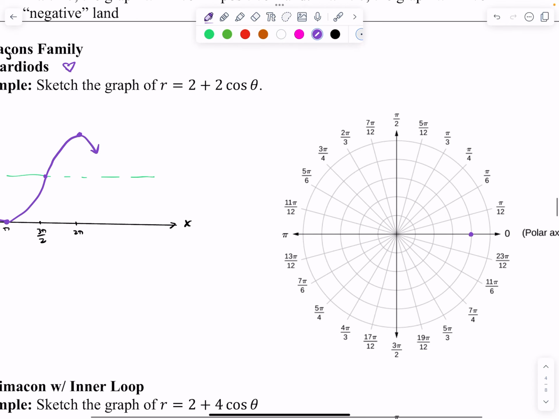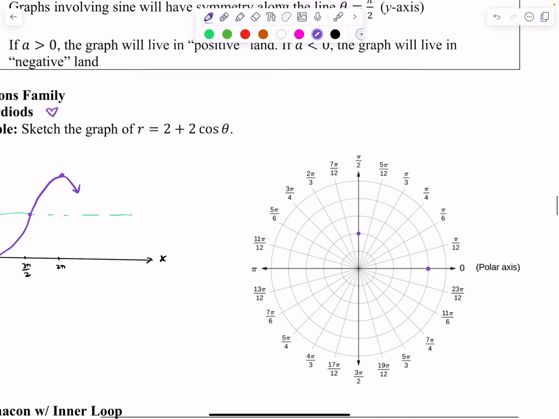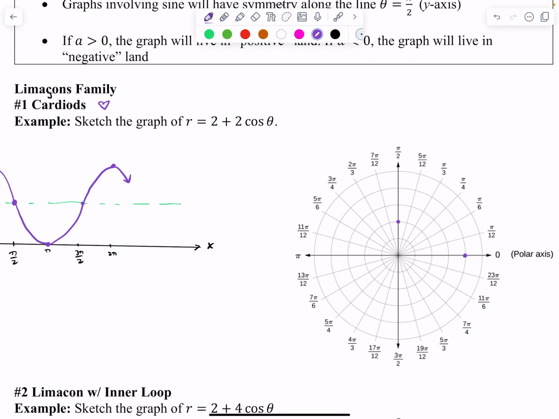So it's pi over 2, 2, 1, 2. Okay. And then when theta is pi, r is 0. Okay. And then for 3 pi over 2, r is 2. 1, 2.